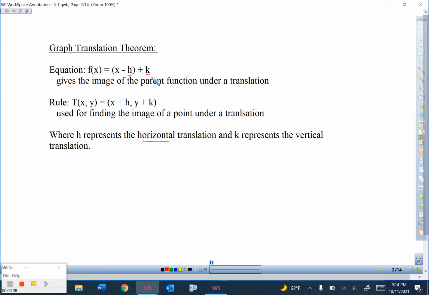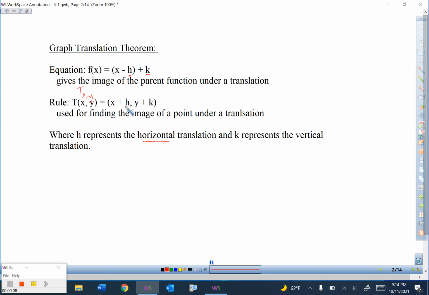What's new is we're going to talk about what's called the translation rule, and this gets confused a little bit with the T of XY from purple note cards. Not the same thing. Okay, this rule, that XY is talking about an ordered pair, and it allows us to talk about the translation for any ordered pair on an original parent function.